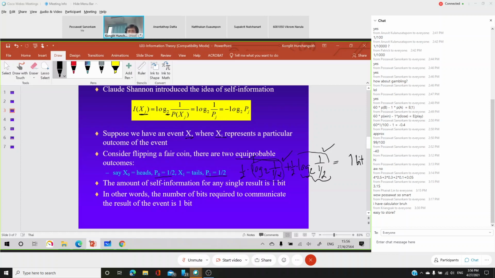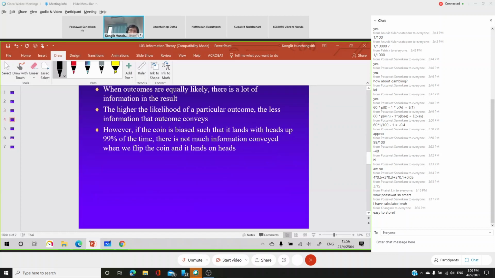I could show you more examples on that, but take a look. When the outcomes are equally likely, we're not going to do that much calculation, but you have to get the sense of the equations. When the outcomes are equally likely, there's a lot of information in the result.